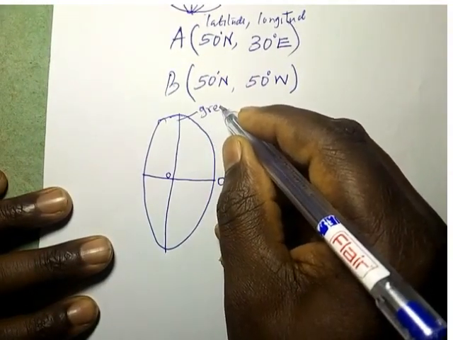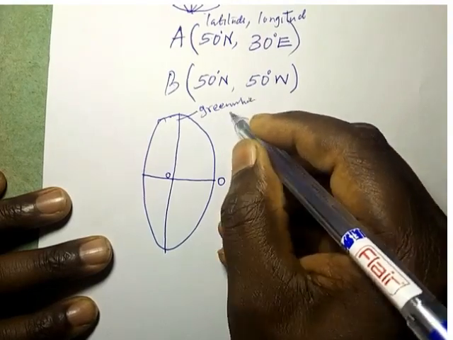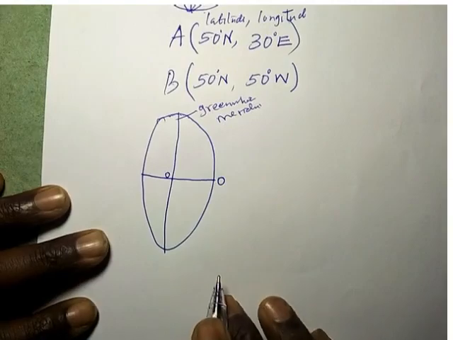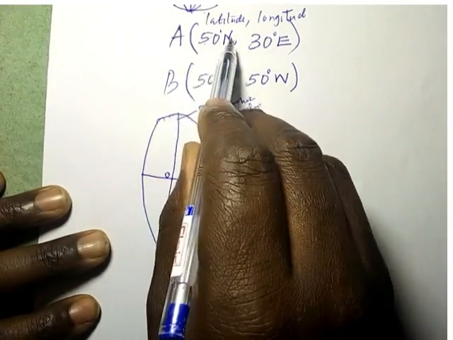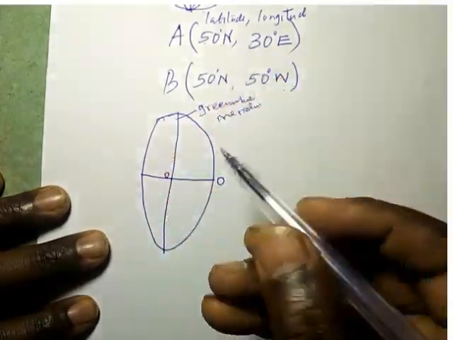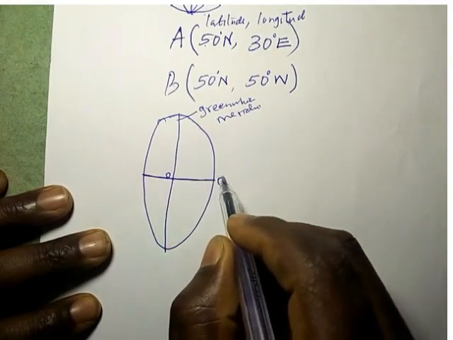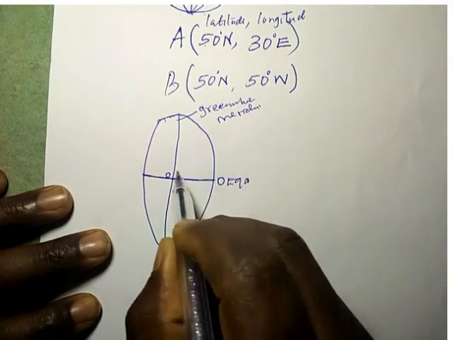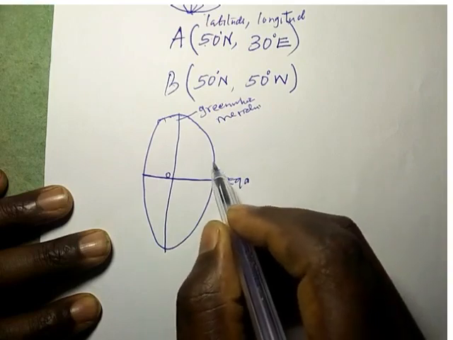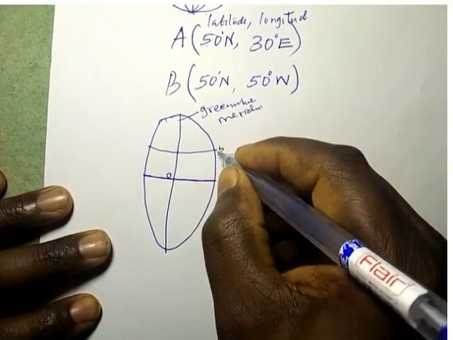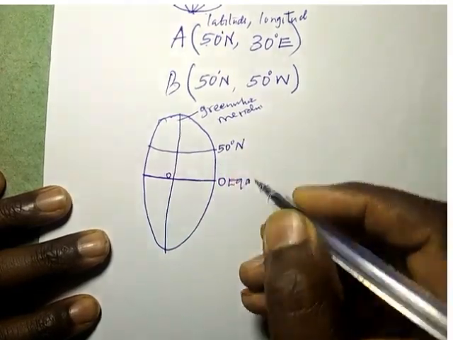After that, we have 50 north. 50 north is a latitude, so we start here. This is the equator, which is 0. So 10, 20, 30, 50 will be somewhere here. So this one is 50 degrees north.